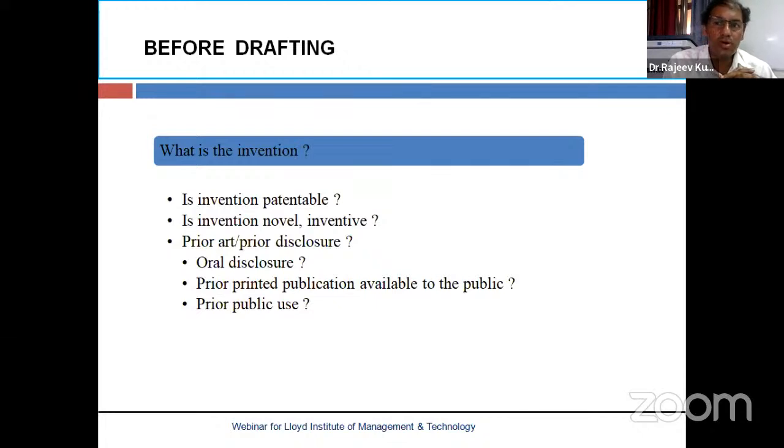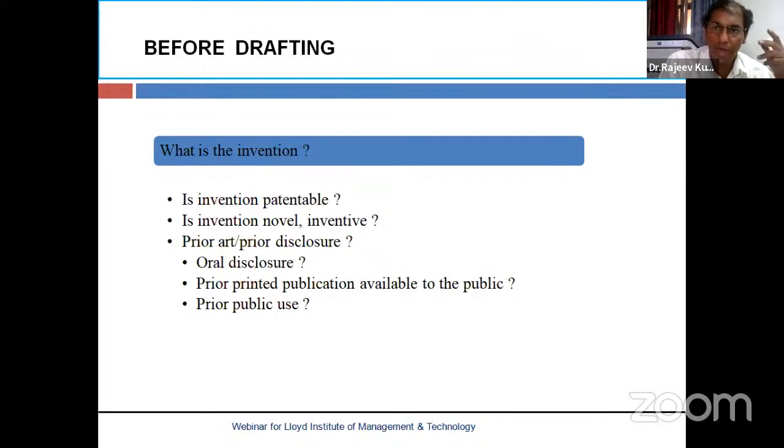So we do a small study before we take up that invention. That is called patentability study, or we also call it patentability assessment.